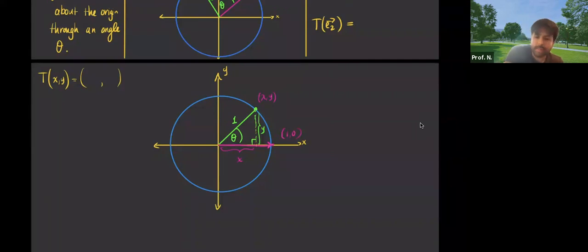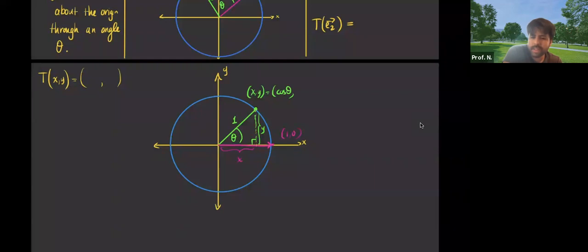Well, if you use trigonometry, sine, cosine, theta, right? SOHCAHTOA. So x is the adjacent side to theta, and 1 is the hypotenuse. So then this x here really is cosine of theta. And then the y coordinate, well, that's the opposite of theta.